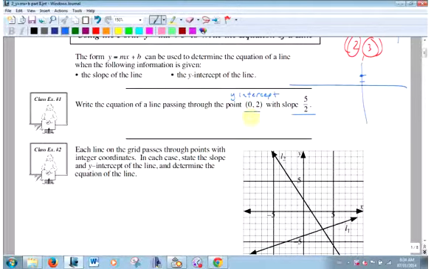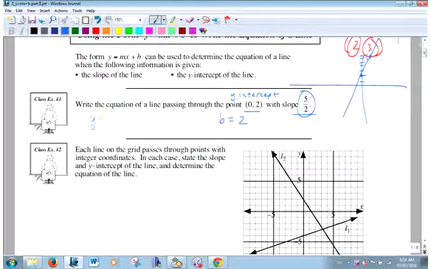Otherwise, how do you know that B is 2? I suppose you could plot this the long way if you got graph paper. Rise is 5. The run is 2 in the positive direction. There's my line. Oh, look, there's the y-intercept. It's a lot quicker if you recognize that just by looking at it.